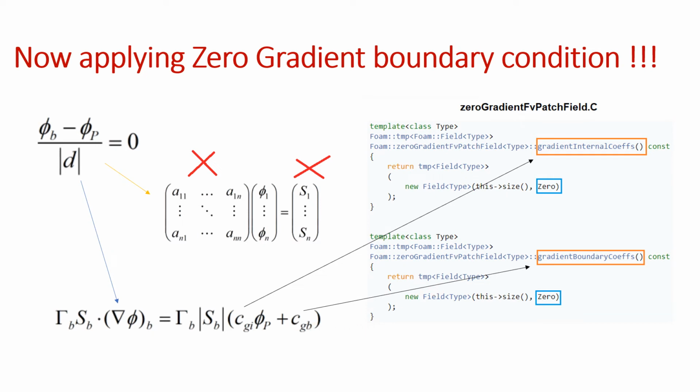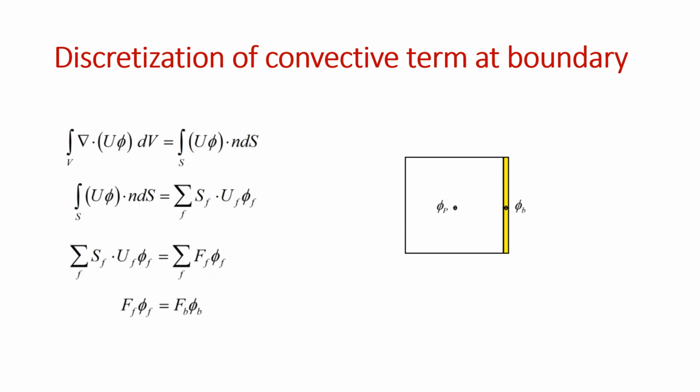Having understood how to discretize the Laplacian term and how the matrix is affected, let us now see how the convective term discretization takes place. Again we'll consider this face which is shown in yellow color. The value of that variable is phi b here, and at the center phi p.